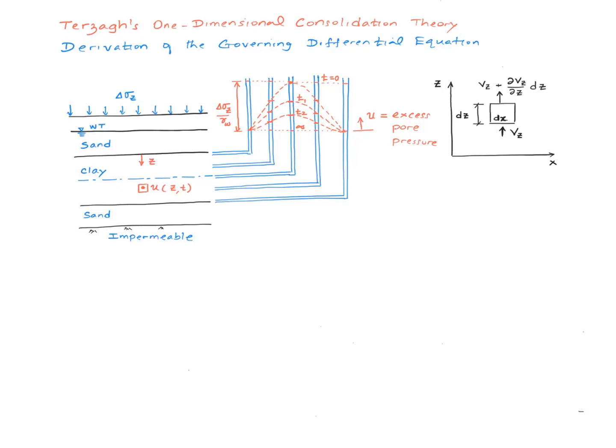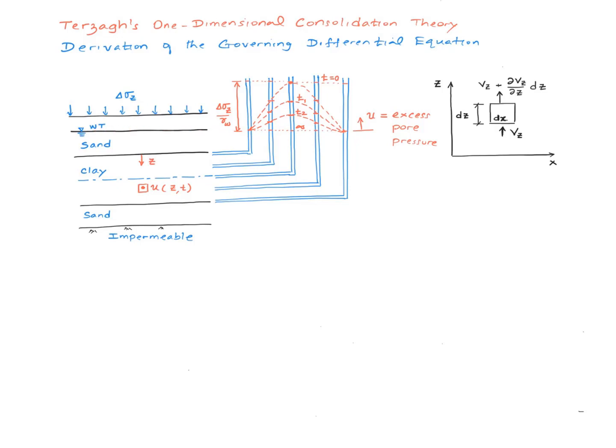So at various times, if you were to connect the levels, it'll look something like this at various times. So we start from t equals 0 here, right? And then at various times it's going to keep dropping, and eventually the pore water pressure change will dissipate everywhere within the clay layer, and the water levels will drop completely back to the initial hydrostatic level.